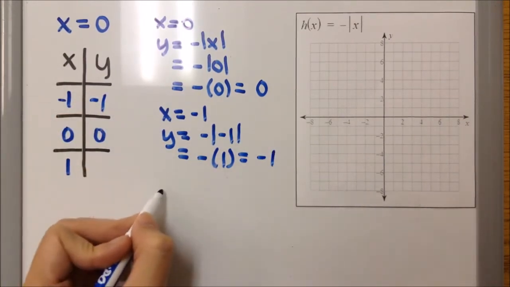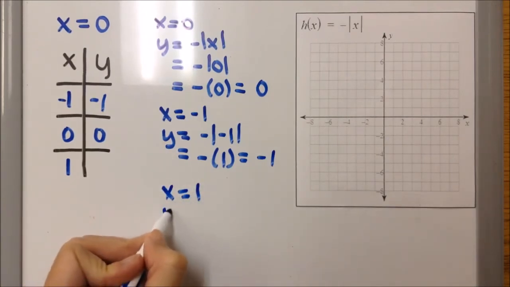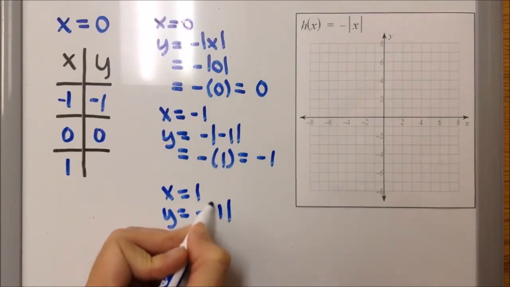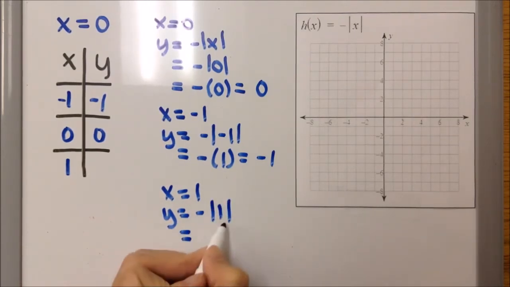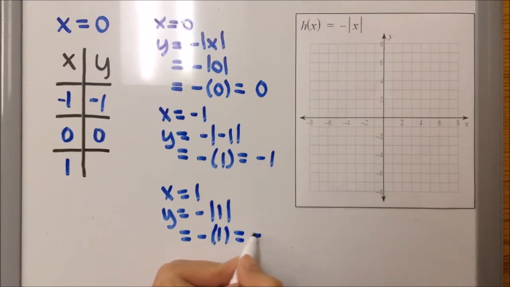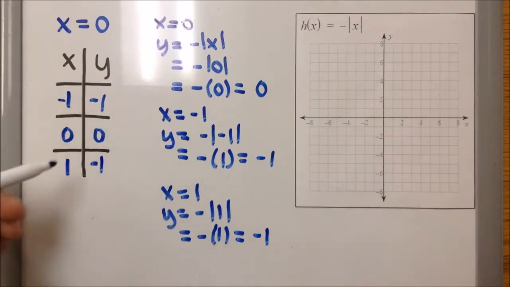Now our last x value, 1. Same process. Plug in 1 into x, and absolute value of 1 is just the same number, 1, but this time we have parentheses, distribute the negative, so now we have negative 1. Alright, so we got our 3 coordinates.